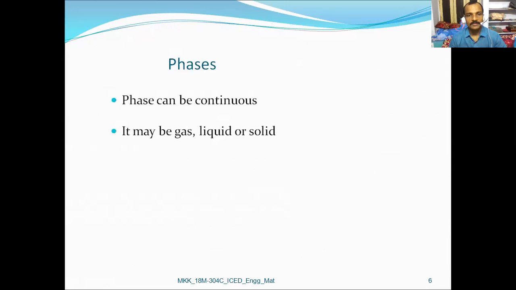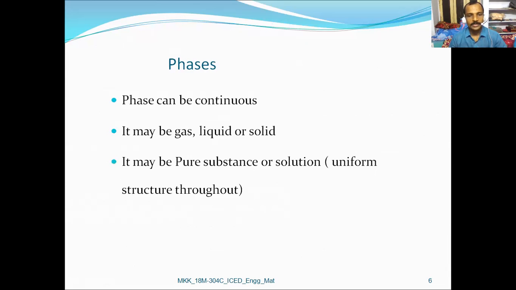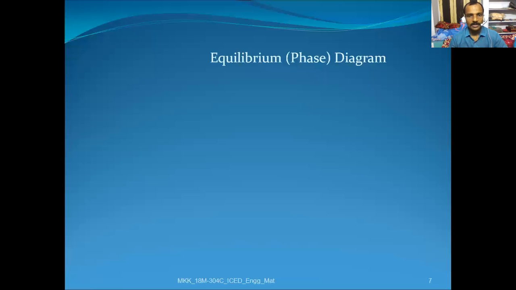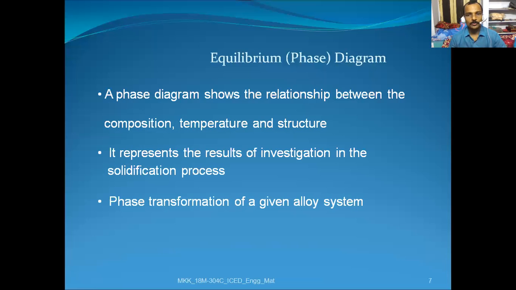Later, we discussed some of the factors, like a phase is continuous. It may be either a gas, a liquid, or a solid phase. And it may be a pure substance, or it may be a solution, whatever it is, but it should be uniform throughout the structure. Later, we started on equilibrium diagrams, otherwise known as phase diagrams, which are formed maintaining the relationship between composition, temperature, and structure.